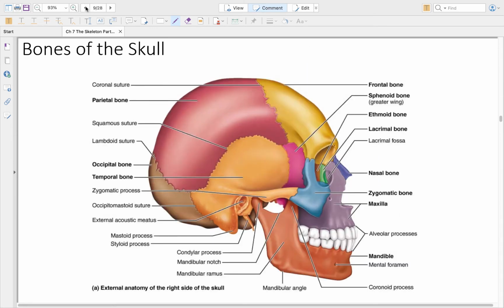Very good. Now, while we're in this image, this is a good image to pull out our bones. We already looked at the frontal bone. The parietal bone, there's two, don't forget, a right and left side. And this here in orange makes up your temporal bone. The back of your skull is called the occipital bone.